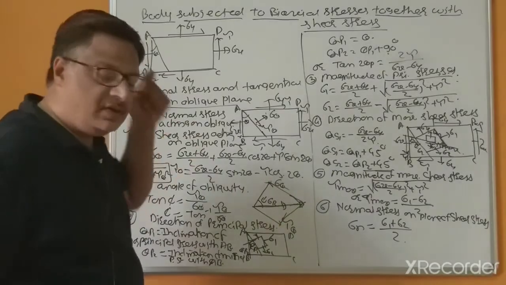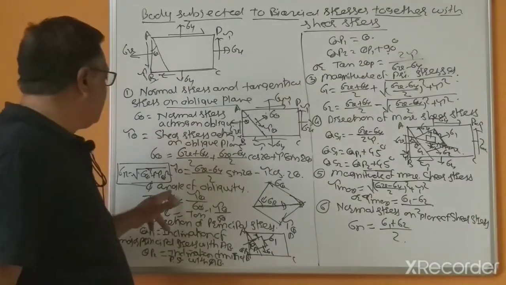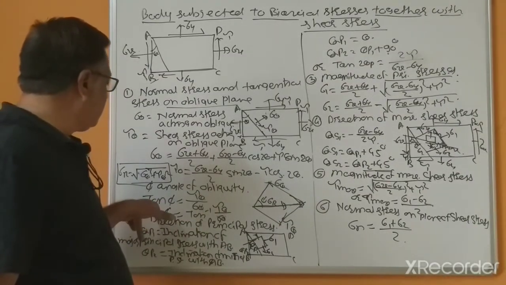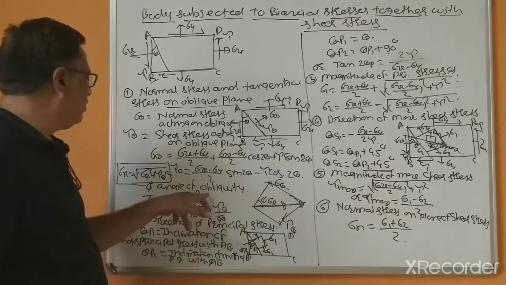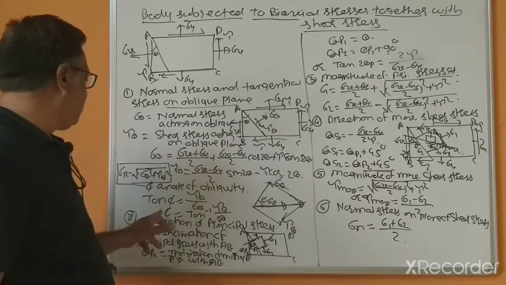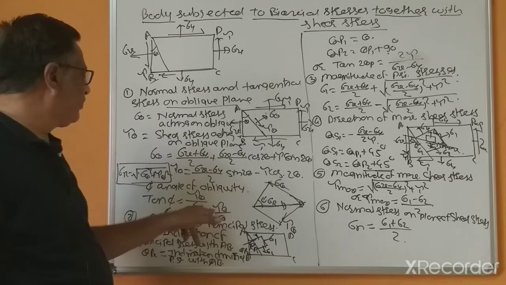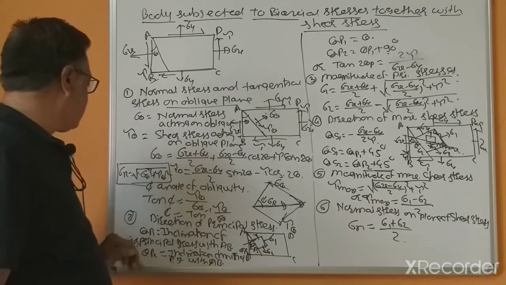Sigma r is the resultant stress. The envelope of the obliquity you can calculate by using tan phi equal to tau theta divided by sigma theta.